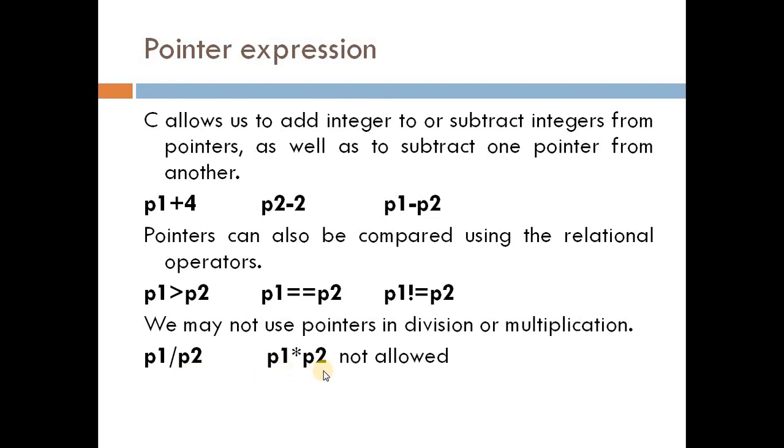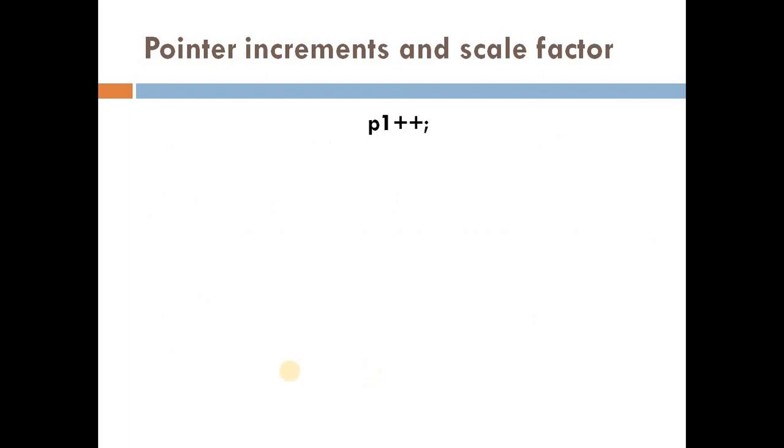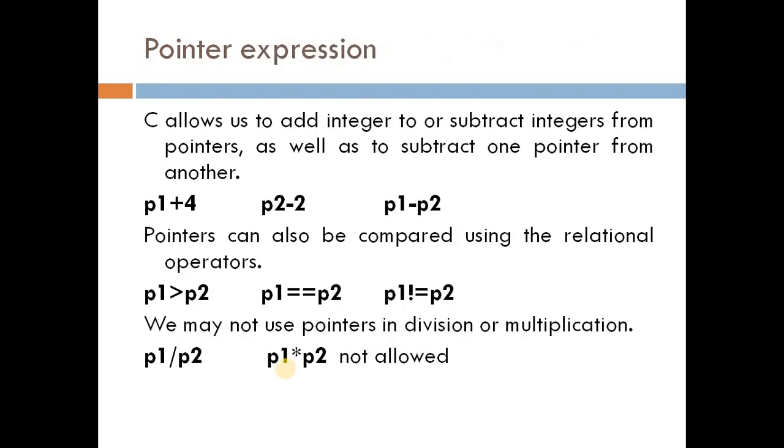P1 into P2 is also not allowed. Similarly, two pointers cannot be added. So we cannot do P1 plus P2. We can do P1 minus P2, but we cannot do P1 plus P2. Such types of expressions are known as pointer expressions.